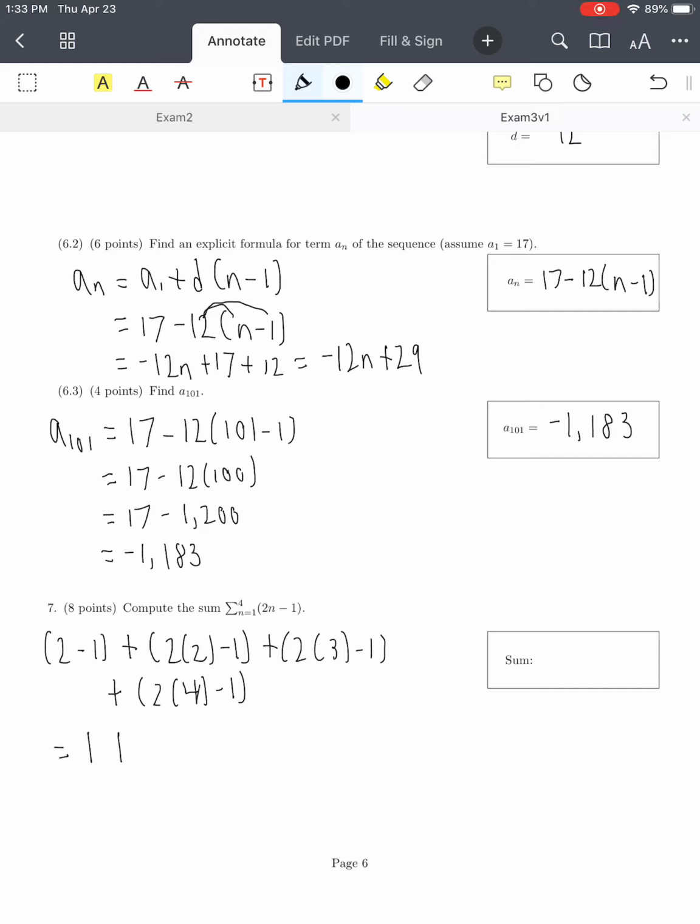Or that's 1 plus, 4 minus 1 is 3, plus 6 minus 1 is 5, plus 8 minus 1 is 7. That's 10, 16.